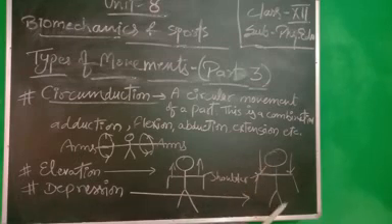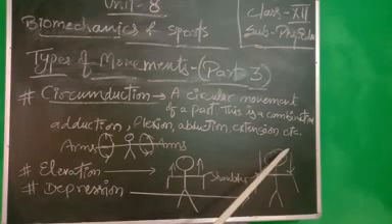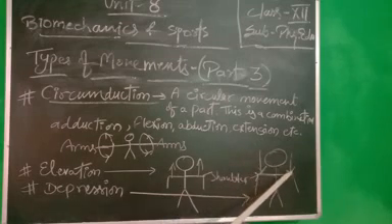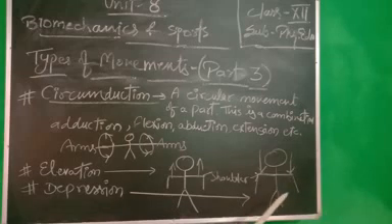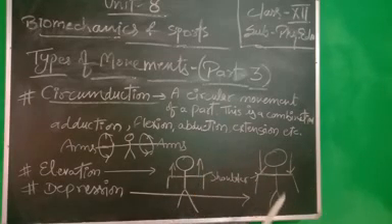This is the human body and these are the shoulders, and the shoulders move downward and come to the usual, normal position of the body. That is called the depression position or depression movement. So depression movement is the opposite movement of elevation.